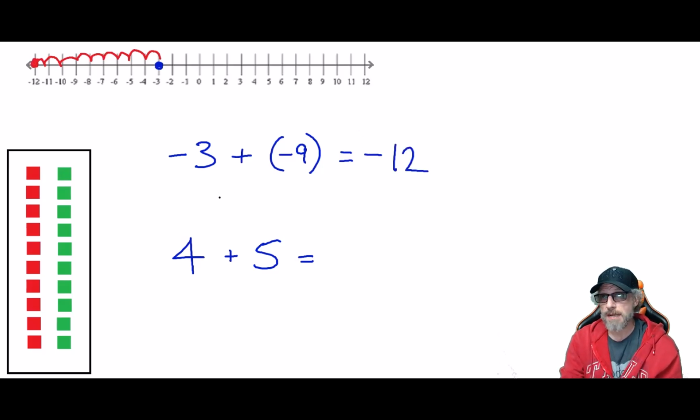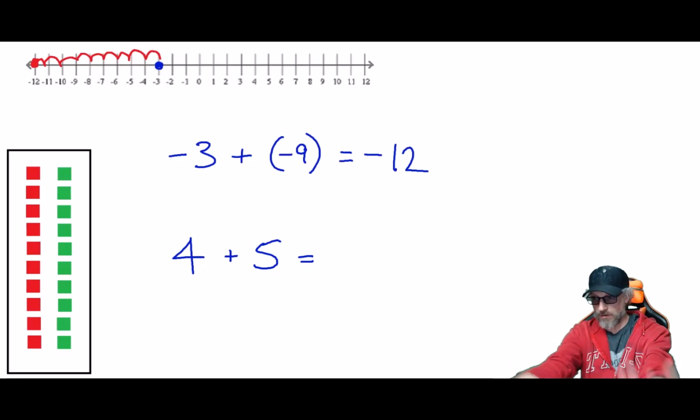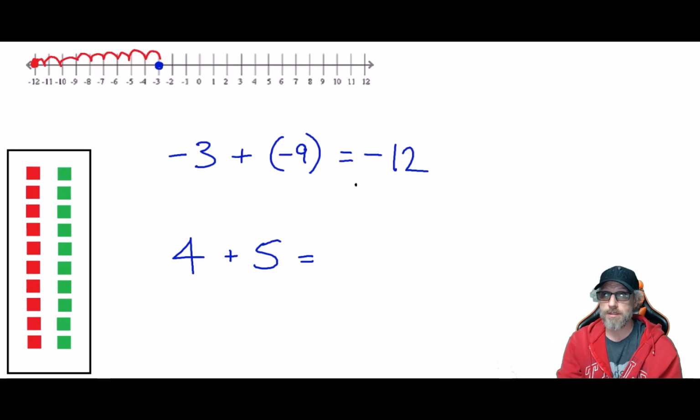Now think of a money example. -3, so we owe $3. Now adding in a -9, so that's another bill. We owed 3, now we owe 9 more, so I'm just owing more dollars. 3 owed, 9 owed, now there's a total of $12 that I owe, and that's our answer, -12.